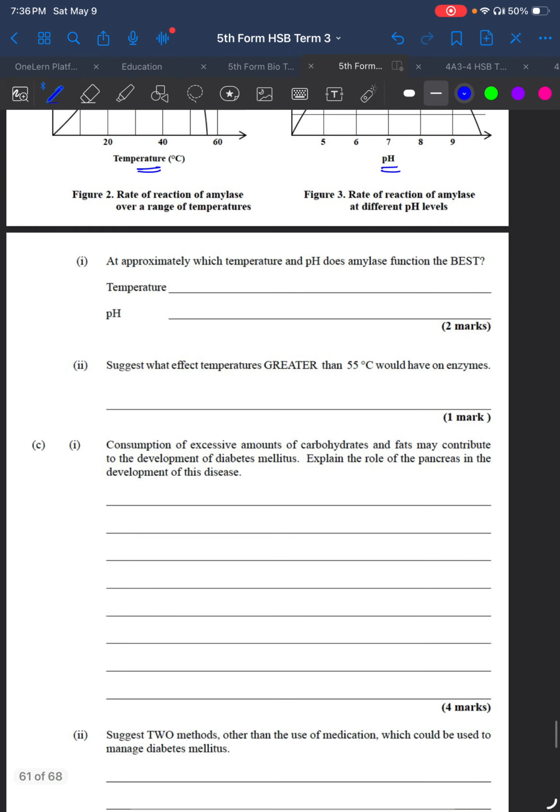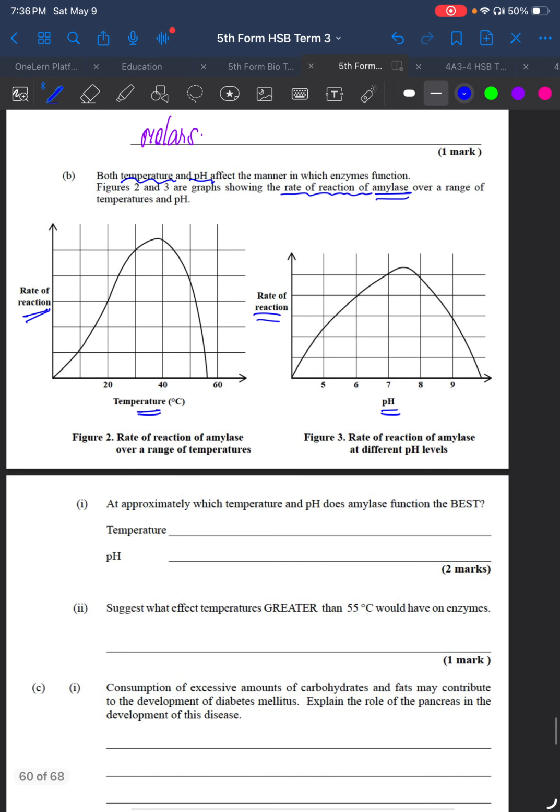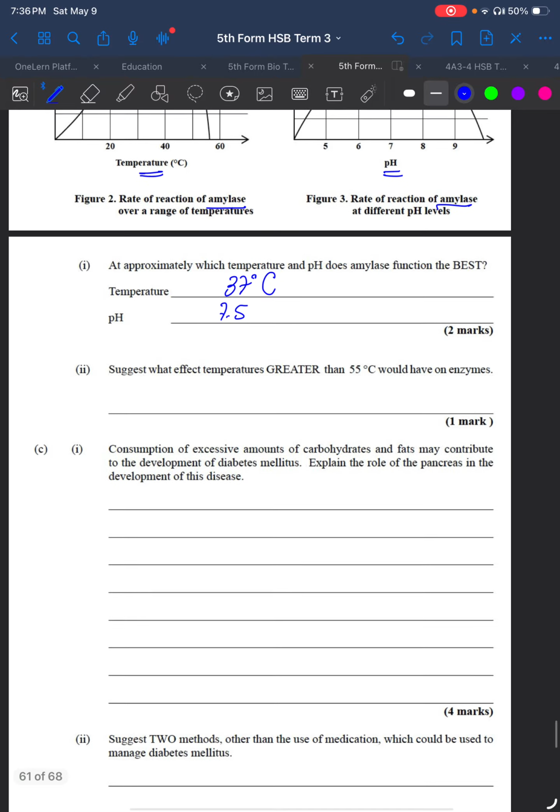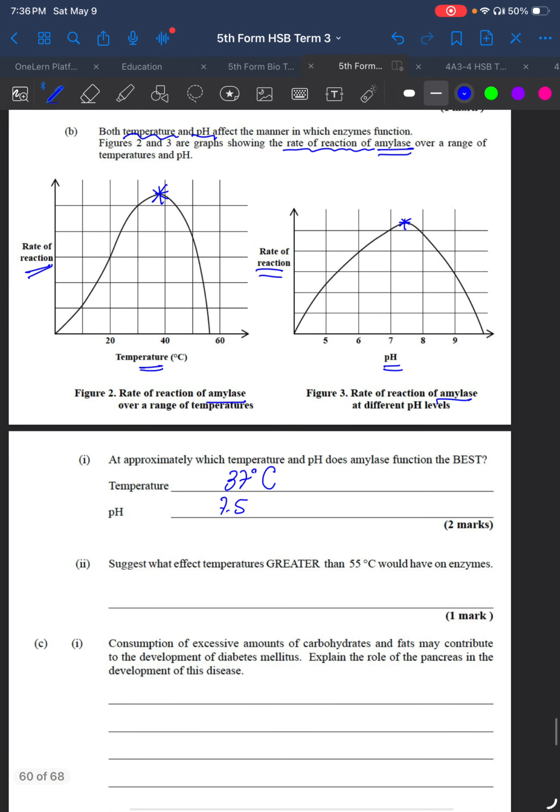And next question. Well, the first question for it, at approximately which temperature and pH does amylase function best? So both of them are looking at amylase. So it wants to know basically this. So around 37 degrees Celsius. And for pH, around 7.5, right? Next question, suggest what effect temperatures greater than 55 degrees would have on enzymes.